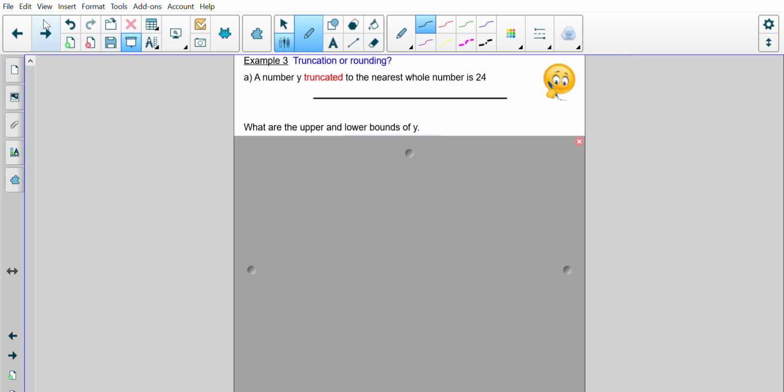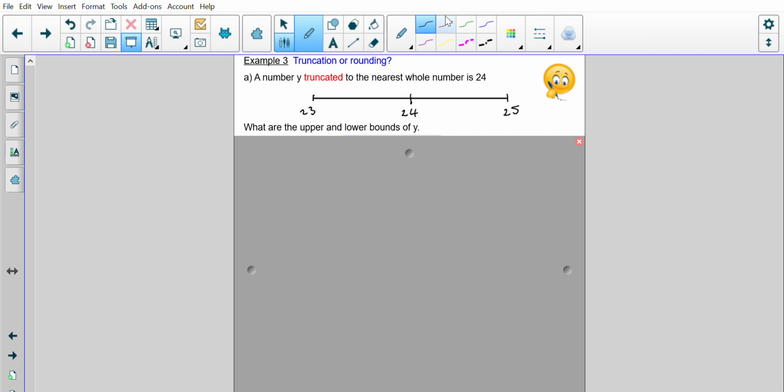Okay, let's compare what happens finding an error interval with truncating to rounding. So let's start with truncating. 24 has been truncated to the nearest whole number. So I'm going to start with my number line, 24 in the middle, it's the nearest whole number, so 23 and 25 on the ends.